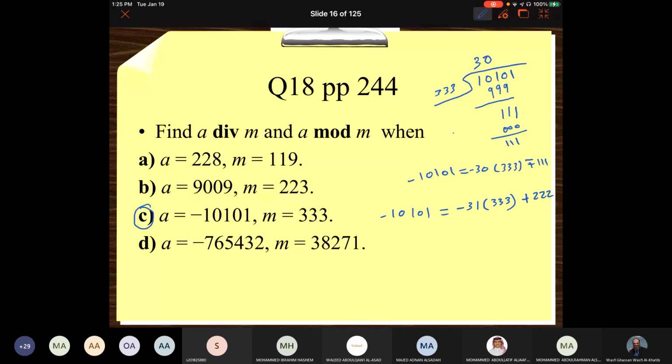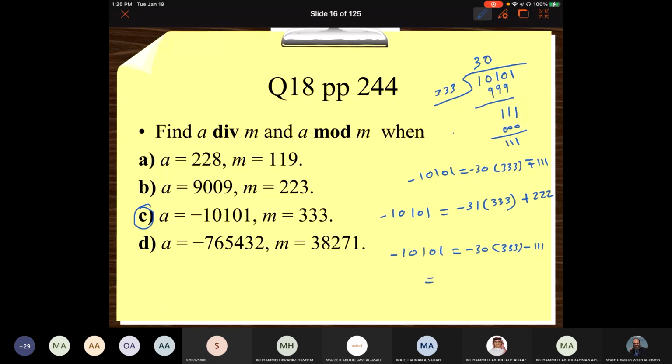يعني let me rewrite it. I have minus 10101 equal minus 30 times 333 minus 111 صح؟ Yes. طيب I want, instead of minus 111, I want positive. طيب how do I get the positive? Well, subtract 333, صح؟ What do you mean by that?